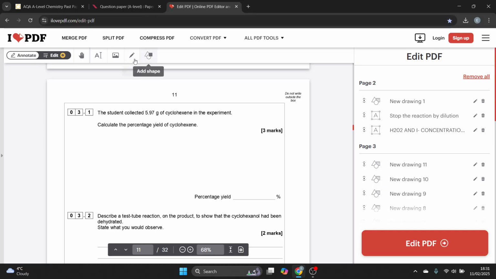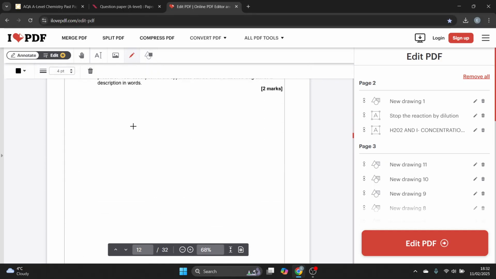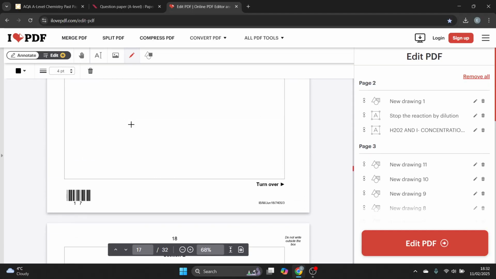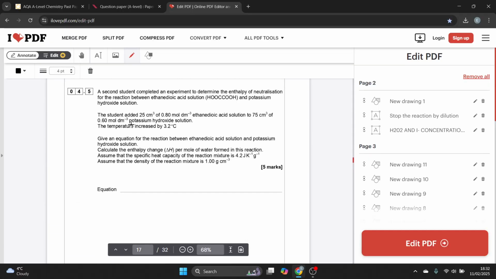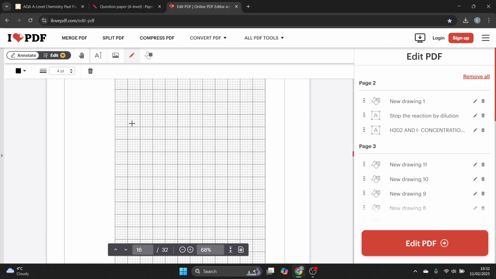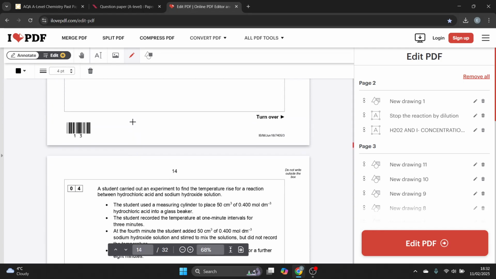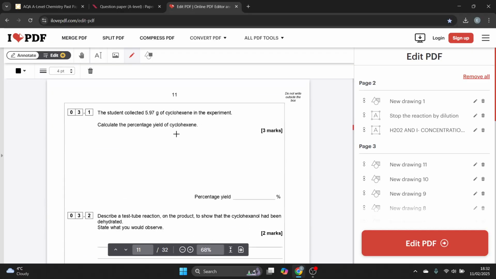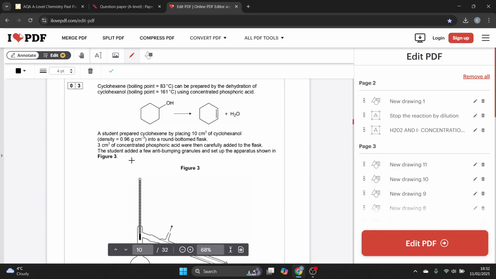It says calculate the percentage yield of cyclohexene. Okay, not that many questions left. So calculate the percentage yield of cyclohexene. The actual yield collected is 5.97 g of the theoretical yield.